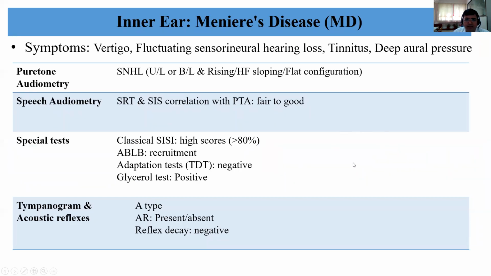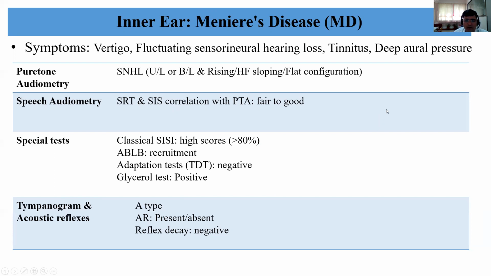Now it comes to the inner ear. Most commonly, you will come across Meniere's cases or endolymphatic hydrops, where we say the classical triad of symptoms, that is vertigo, fluctuating sensorineural hearing loss, tinnitus, and aural pressure. When we do pure tone audiometry in these cases, there is a possibility of low frequency hearing loss, that is a rising pattern, but later on it shifts to high frequencies or even flat.